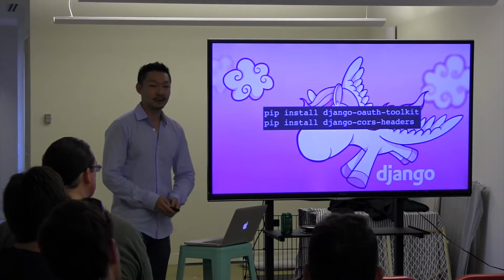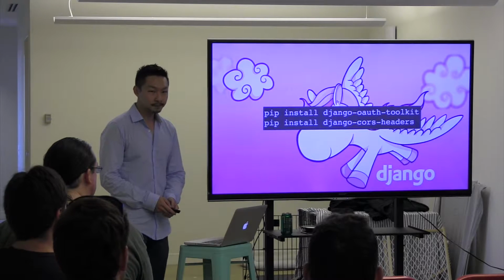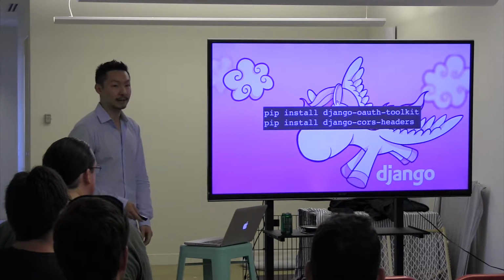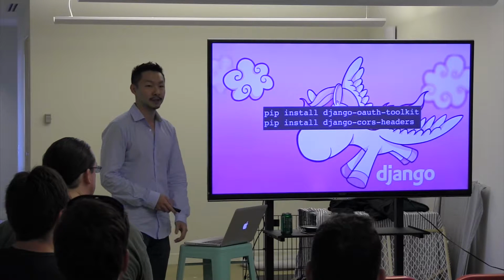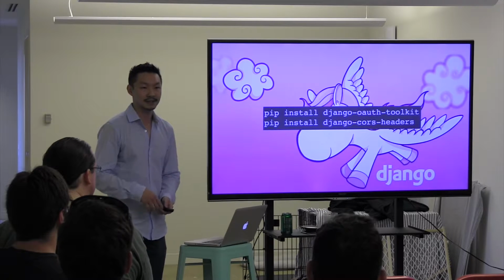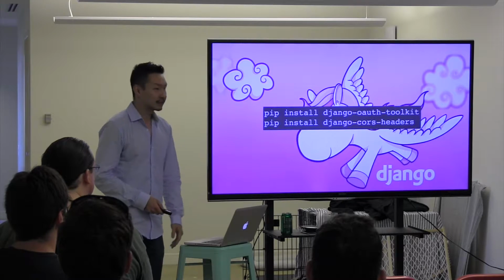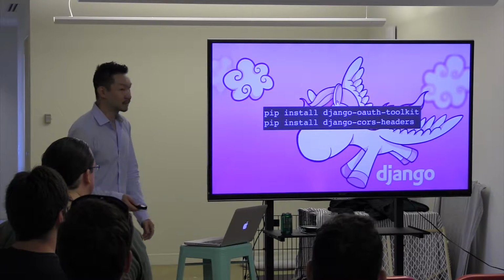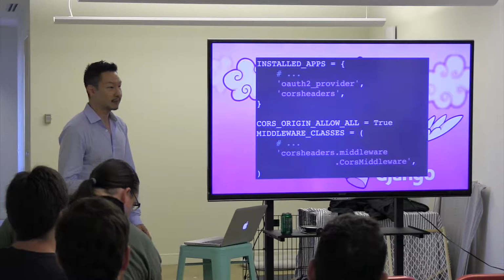So here's how you get started with a wonderful package called Django OAuth Toolkit. It works out of the box, as we'll see in a second. And there's a helpful library for performing cross-origin requests if you choose to do fancy Ajax, sharing of videos, etc. So you install these 2 packages, and then there's a little bit of configuration in your Django settings file.